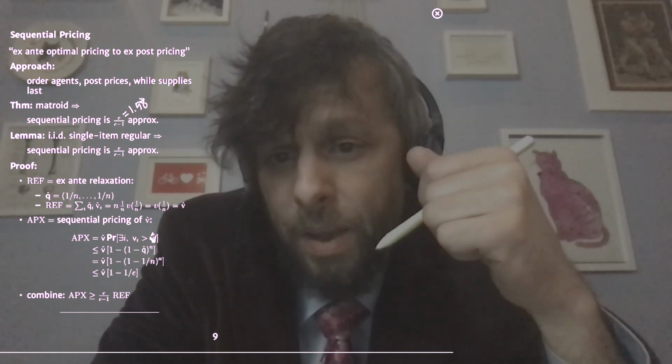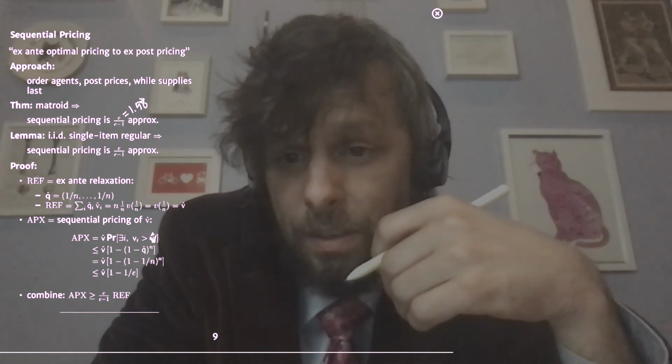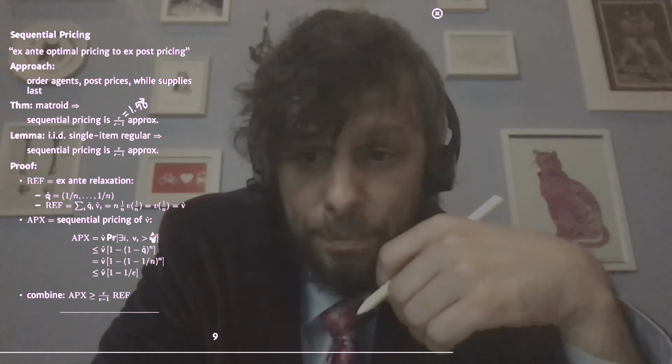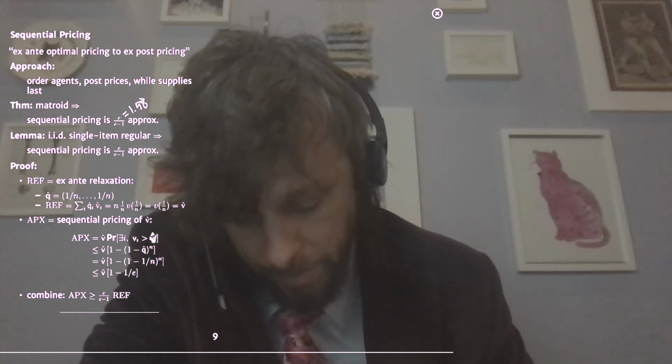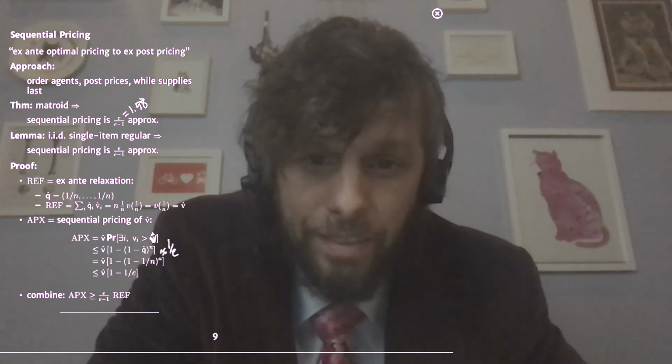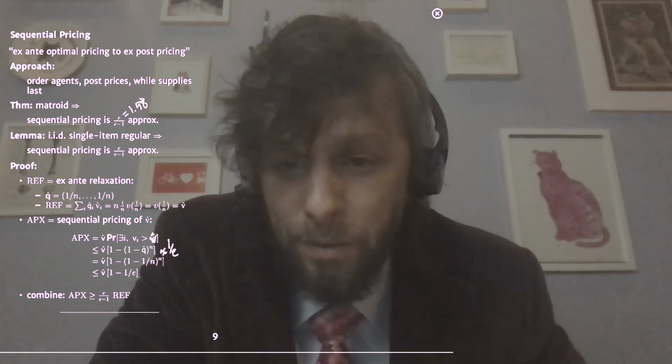And of course q hat was 1 over n, so this is 1 minus 1 over n to the n, and this can be upper bounded by 1 minus 1 over e. Using the usual approximation that this is about 1 over e, and in fact the approximation is going in the right direction, so this is in fact an upper bound for all n.